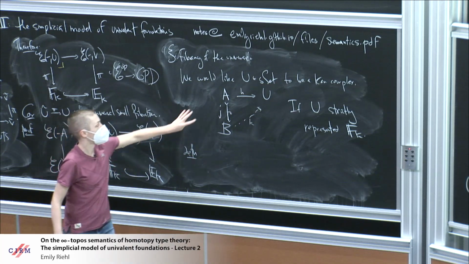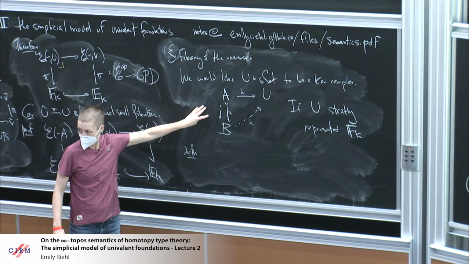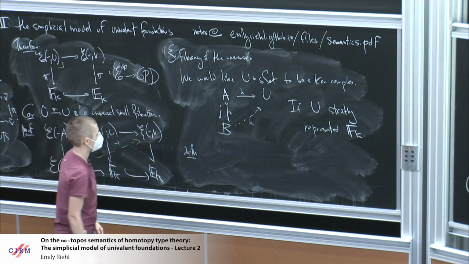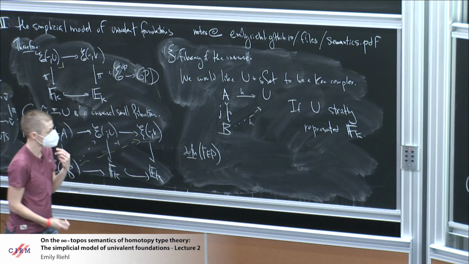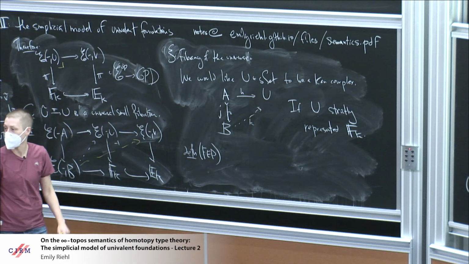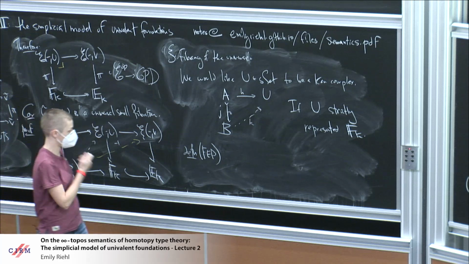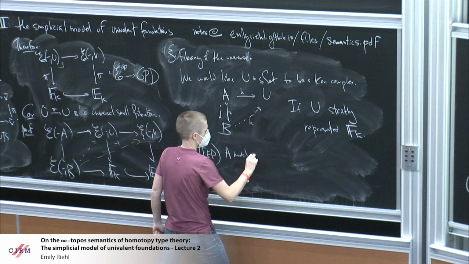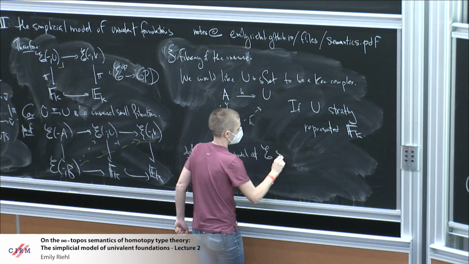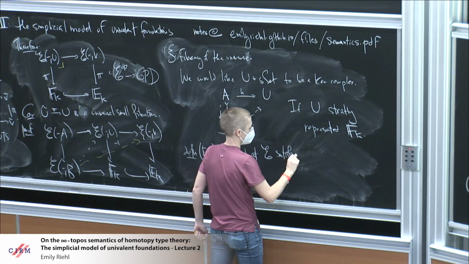But if it did, I could translate this condition as follows. This is something that's called the fibration extension property. What's interesting about it is it's really just a property of the ambient category, not specifically referencing the universe. So a model category E satisfies what's called the fibration extension property.